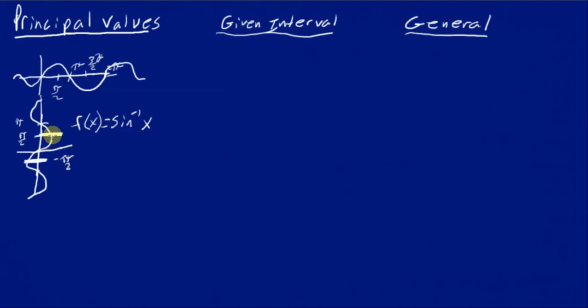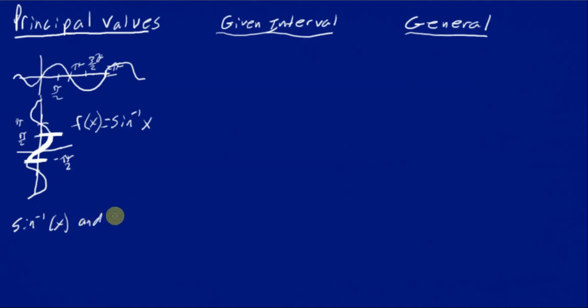And that will give us every value of the sine function from +1 to 0 down to -1. So those are all the possibilities there. So this is the limitation that gives us the principal values.